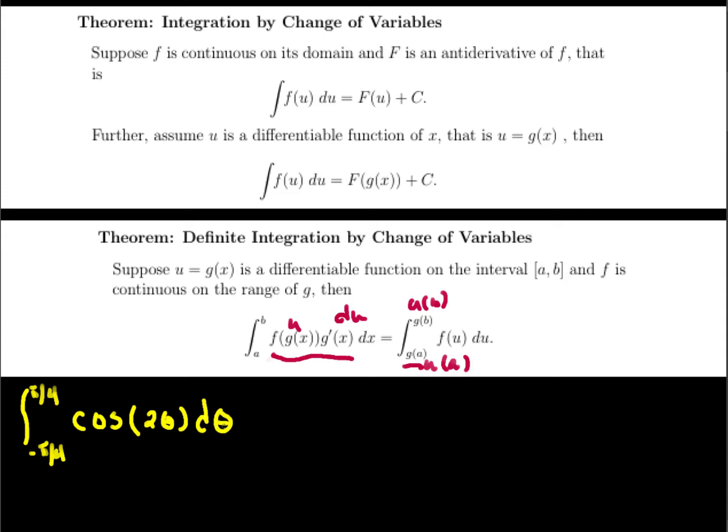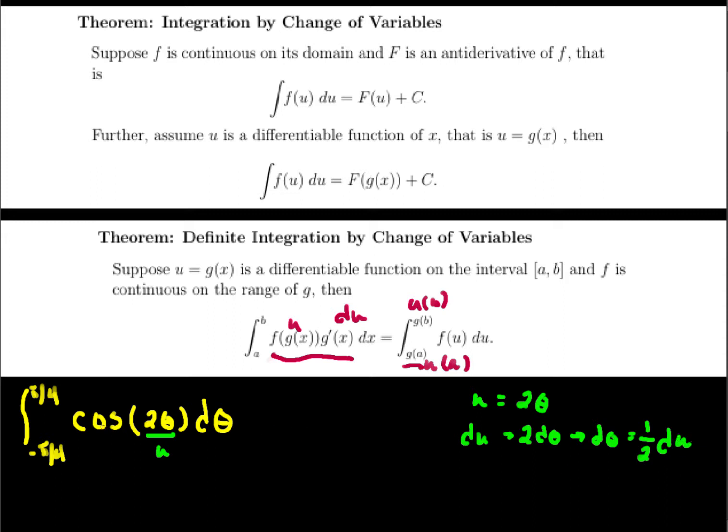Now we cannot use the regular cosine rule because I've got another function inside of cosine, namely 2 theta. But I can call that u. So I'll let u be 2 theta. Then du is equal to 2 d theta, or in other words, d theta is 1/2 du.